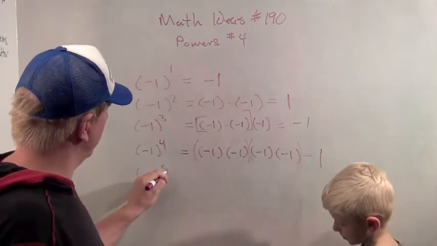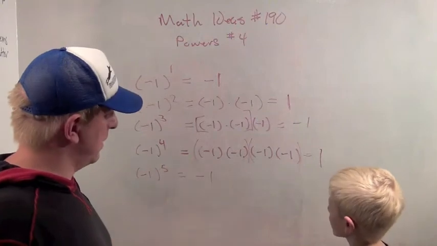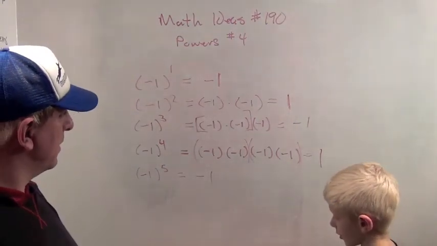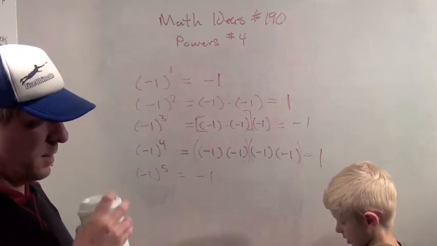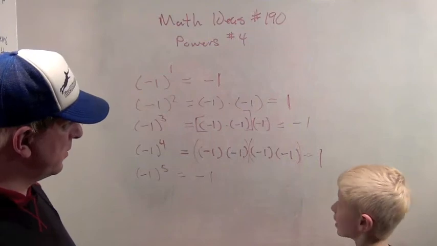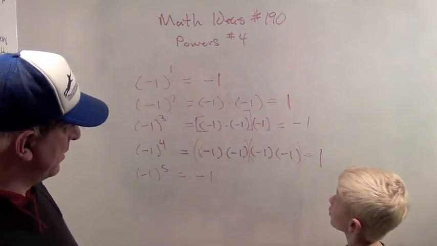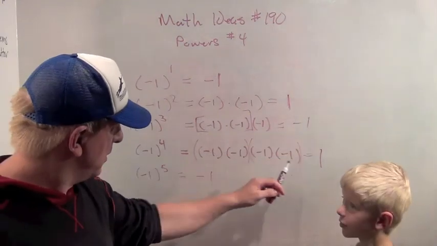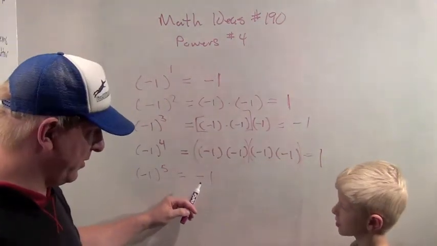Why do you think that? Because we've had this pattern: -1, 1, -1, 1. So it looks like this one's going to be -1.